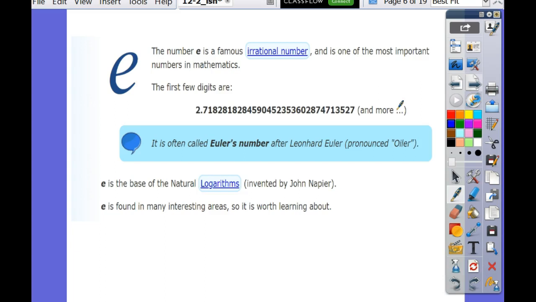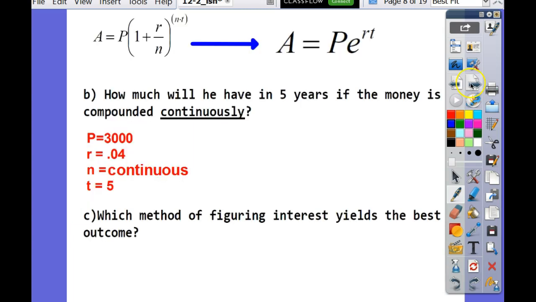Circles. e is an irrational number that comes up when you do these special things. And when you compound continuously, instead of using this equation, we will use this second equation. The second equation is the compound continuous equation, sometimes called the PERT equation for obvious reasons, I hope.